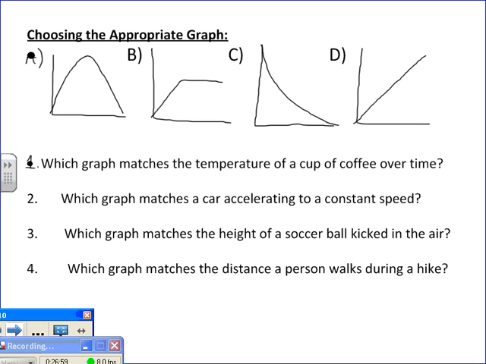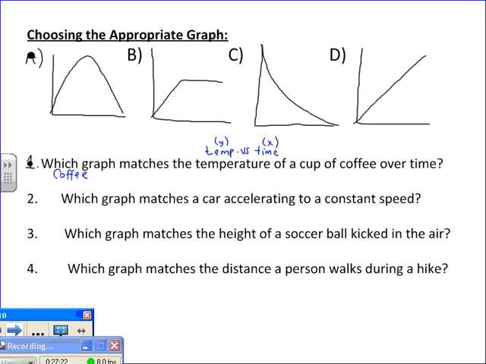All right. Well, think a little bit about a cup of coffee, right? Your coffee starts out hot. So if we were here, we would be plotting temperature on the y-axis versus time on the x-axis.